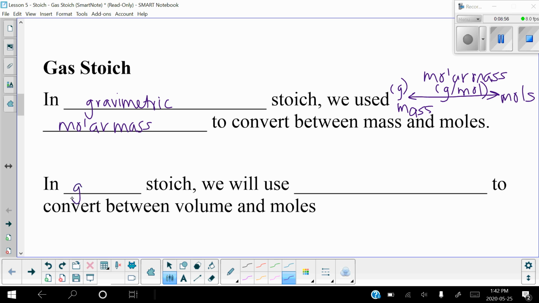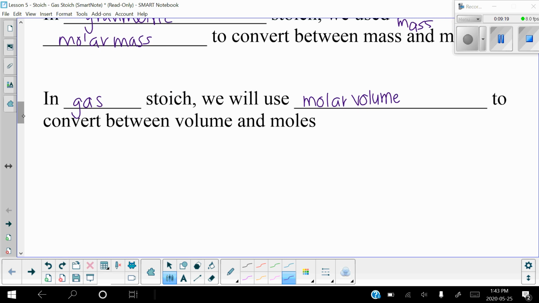In gas stoich, if you can think back to the gas unit, when we were learning about the ideal gas law and Avogadro's, we used molar volume to convert between volume and moles. Now, a lot of students get confused between molar volume and concentration.